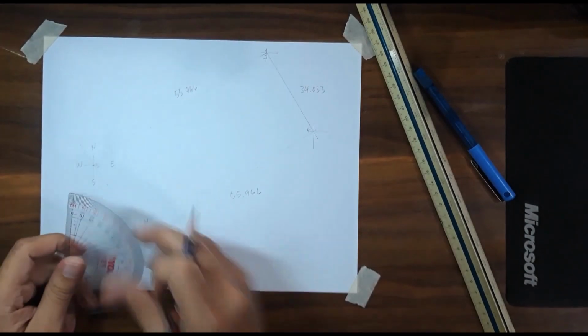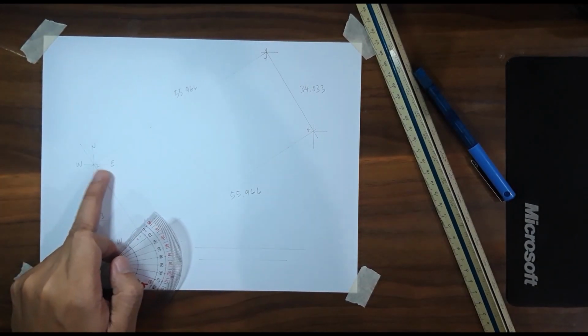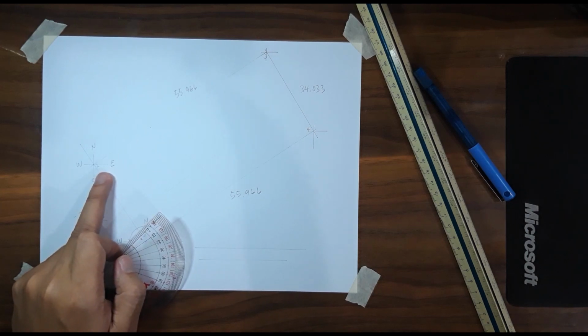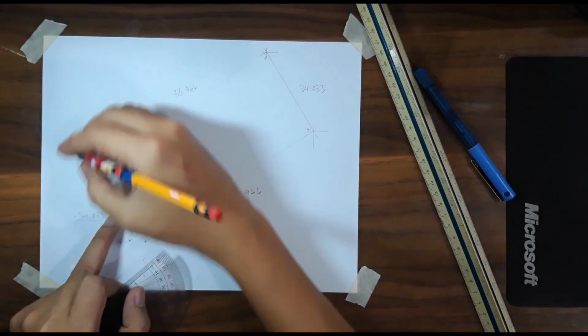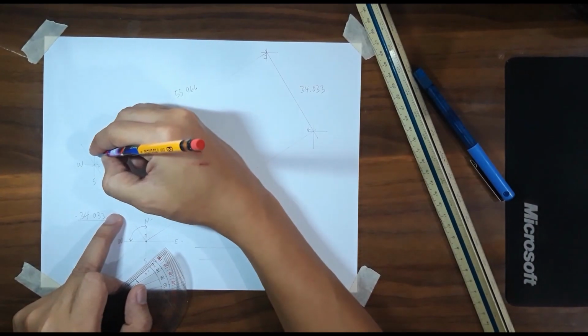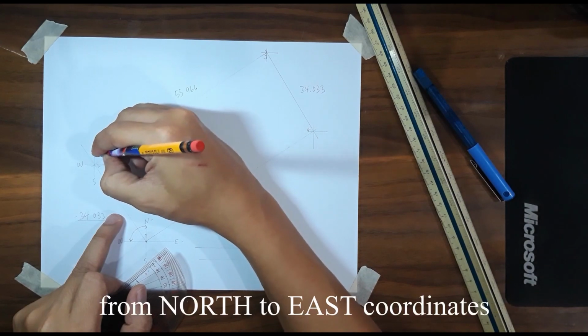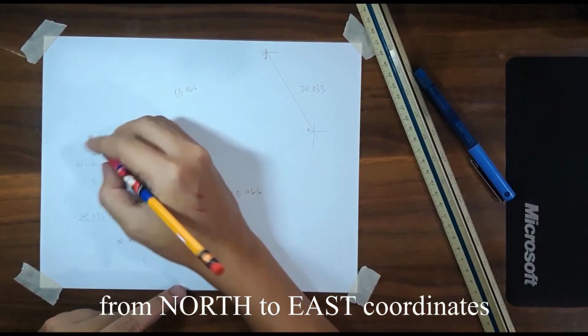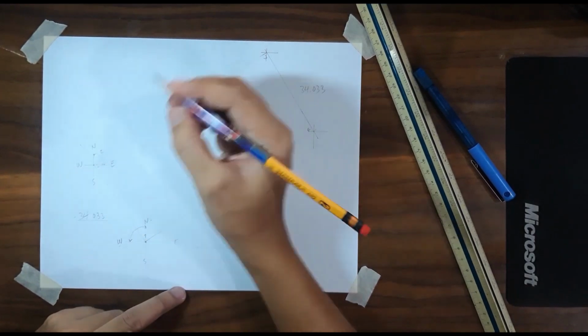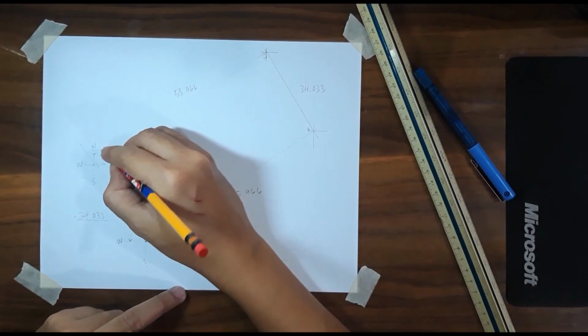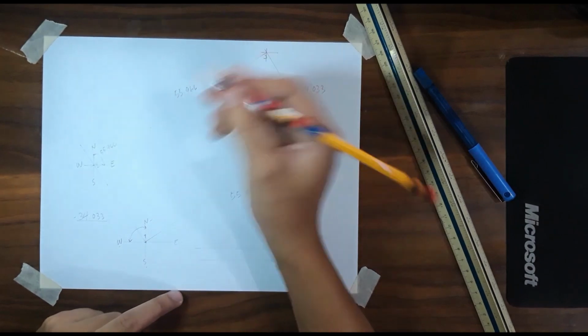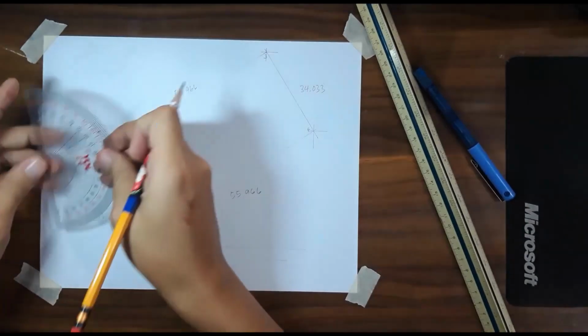So here, I will just read the description. So north 55 degrees, 58 minutes east. So okay, so from north going to east. Okay, so this one is 55.966 degrees. So how to check that?